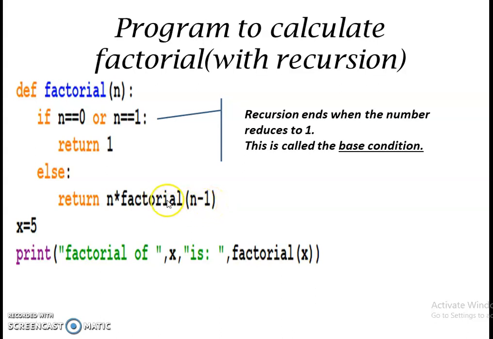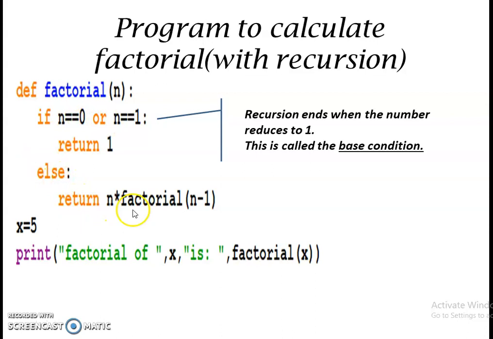Now it is calling factorial 4. Again, this condition is false because the value of n is 4. It will go to the else statement. Again, it will return 4 into factorial 3. Now it will again invoke factorial with value 3. Again the condition is false. It will go to the else statement.